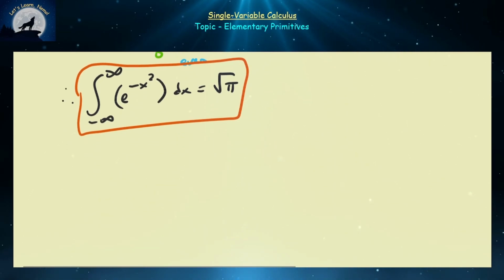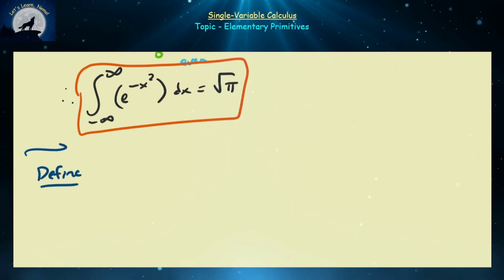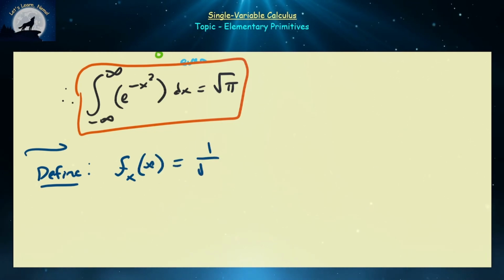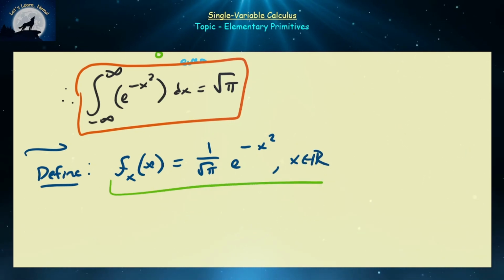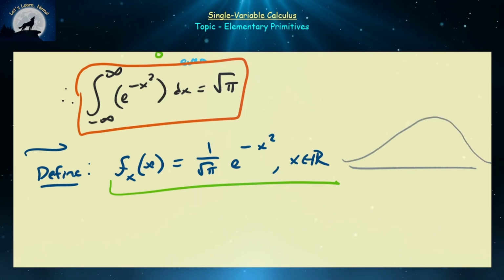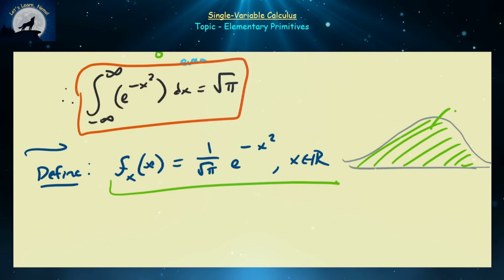Right? So if I take a look at this particular function and define a function, let's call it f sub X of x, to be equal to 1 over the square root of pi times e to the minus x squared, where x is a real number. So what's so special about this function? Well, if I look at its graph, it has this bell-shaped curve, and by construction, the area underneath this curve is equal to 1, and it's always positive.